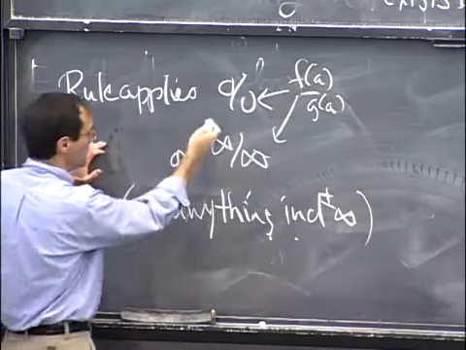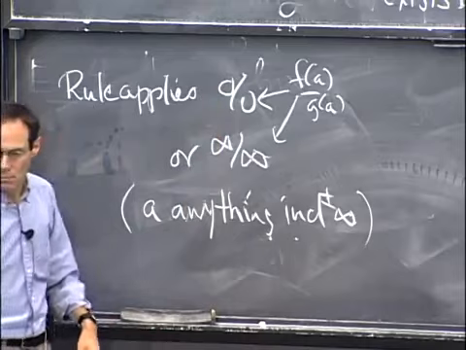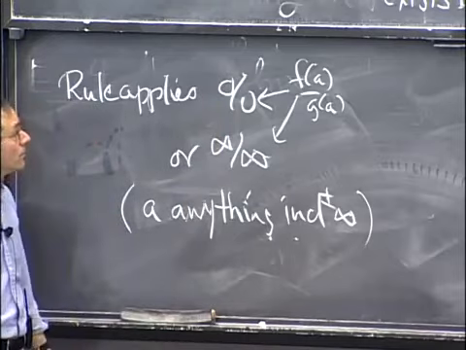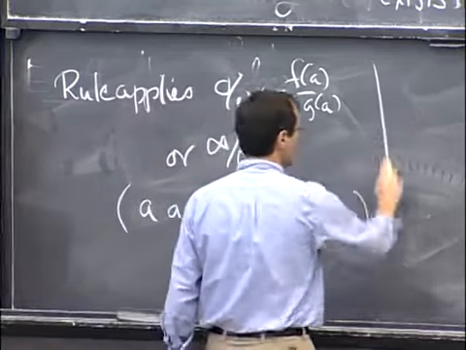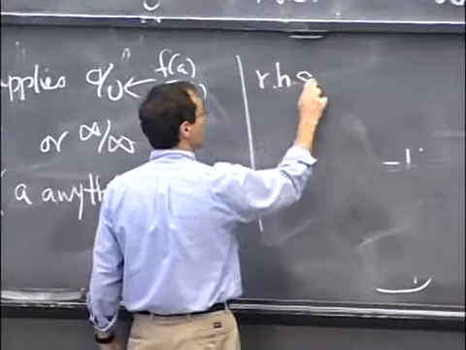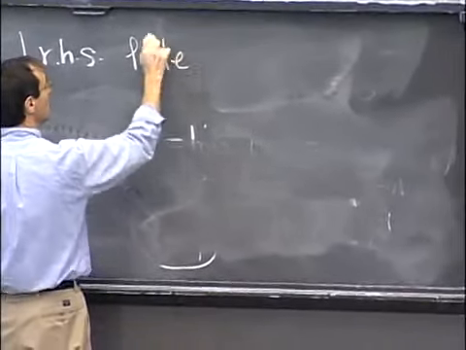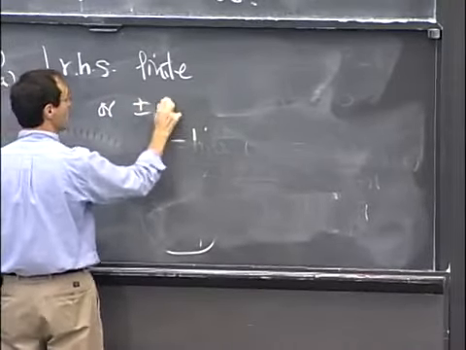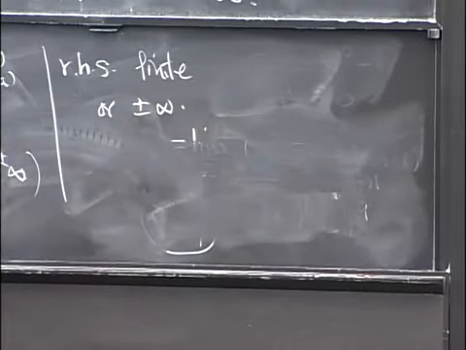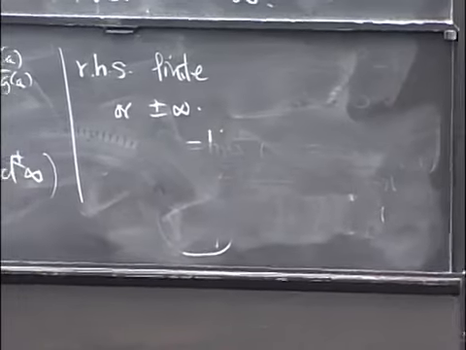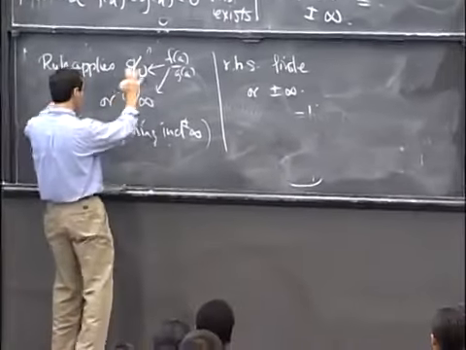And in fact, it can be plus or minus. And the right-hand side has to be something. It has to be either finite or plus or minus infinity. Okay? So you need something.